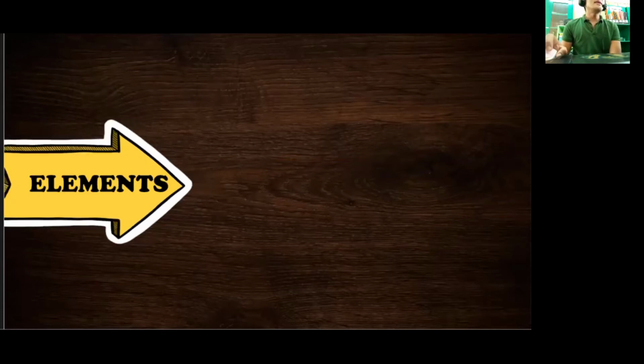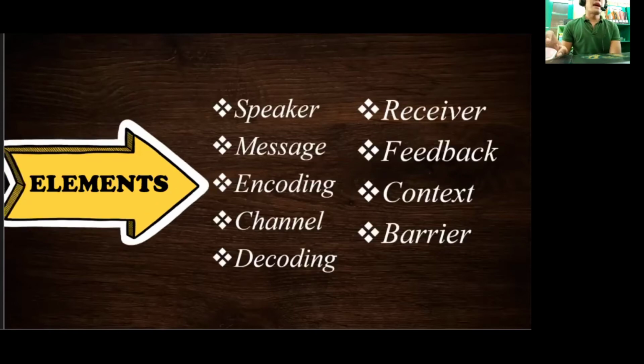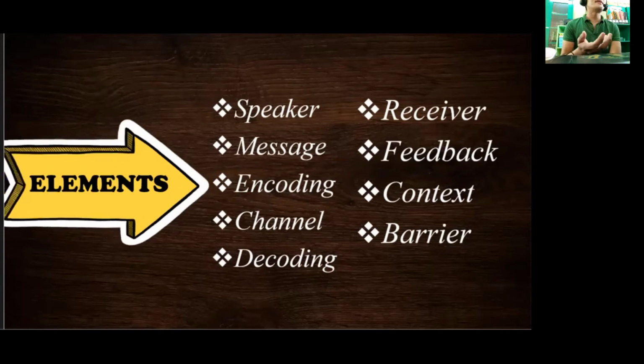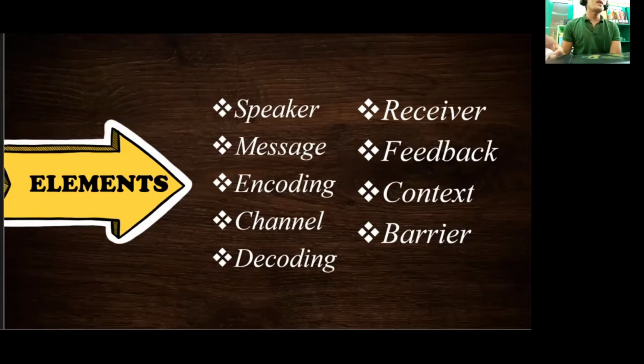Now, according to research, there are five basic elements of communication, but generally speaking, there are nine elements that we have to know. We have here the speaker, the message, encoding, decoding, receiver, feedback, context, and barrier.